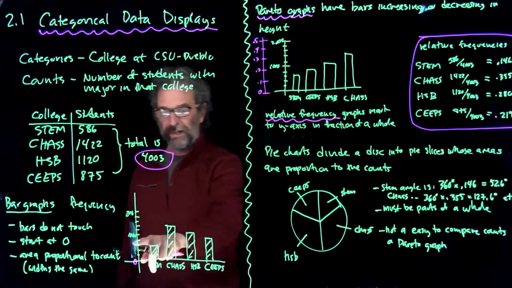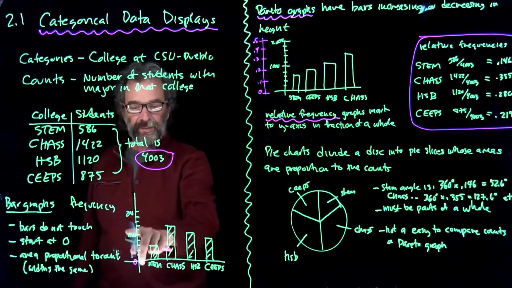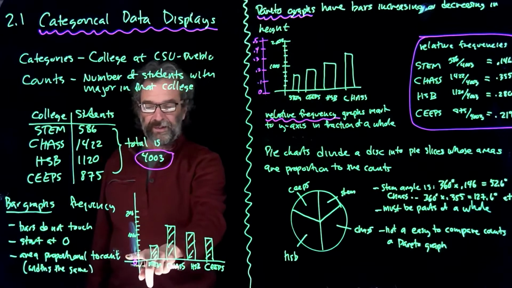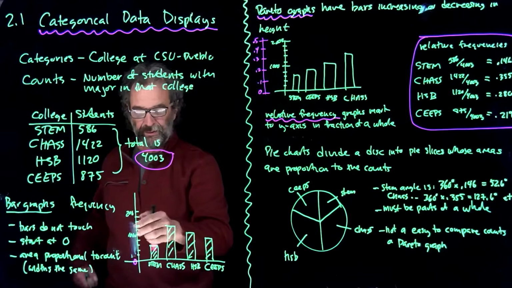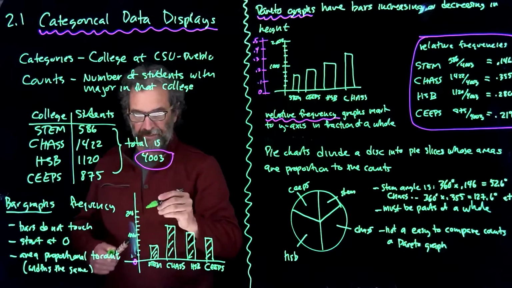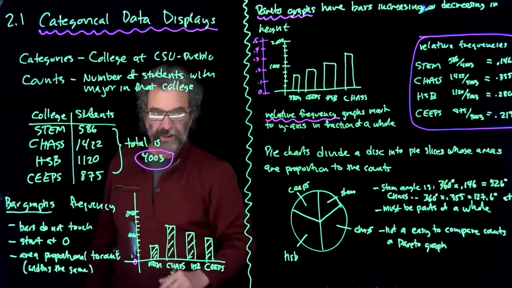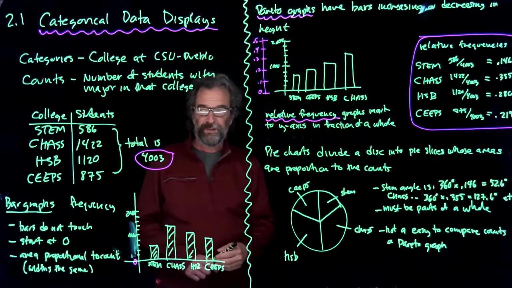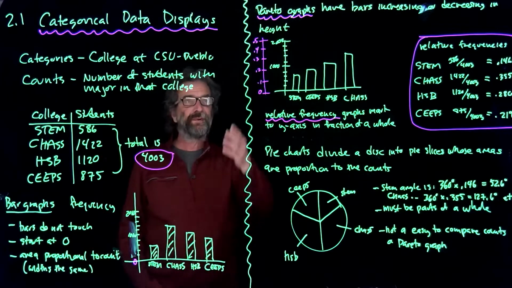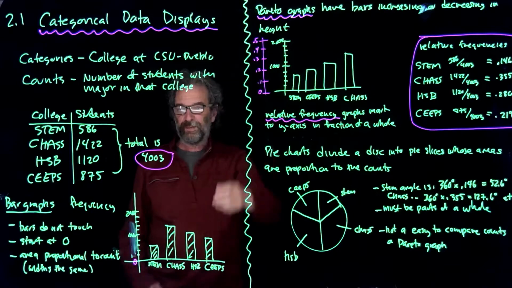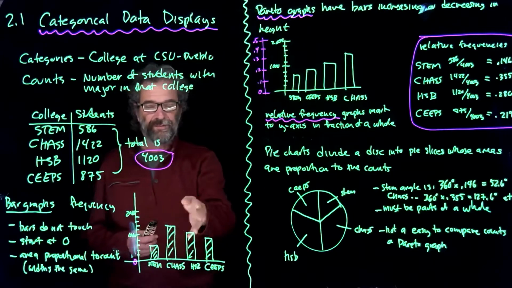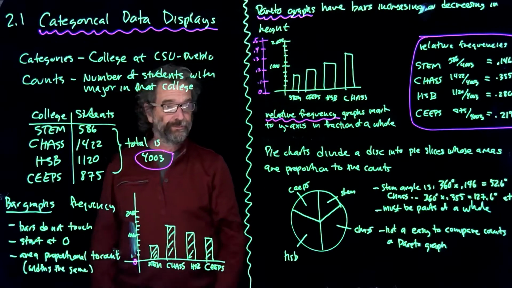Or we could use that same scheme here and label this axis with relative frequencies, or fractions of the whole, and just replace 2,000 with just about 1/2, and relabel the axis. And then you'll have a relative frequency graph. So you have regular relative frequency graphs and Pareto relative frequency graphs, depending on whether you've stacked the bars in order or not.